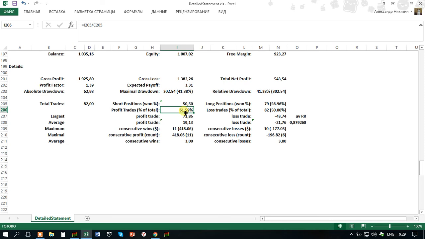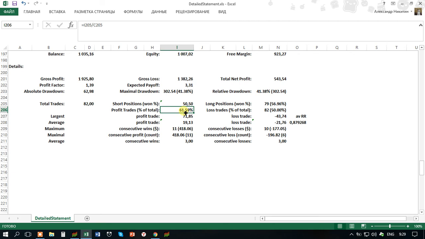Maybe you are forcing some trades, maybe you are closing targets earlier, maybe you're doing some manipulations that, I don't know, influence the overall performance. And that's very important.